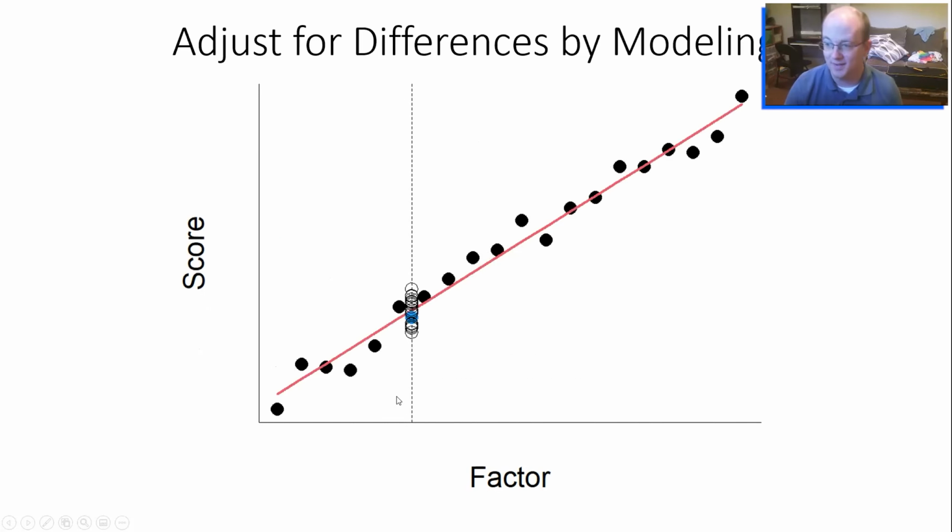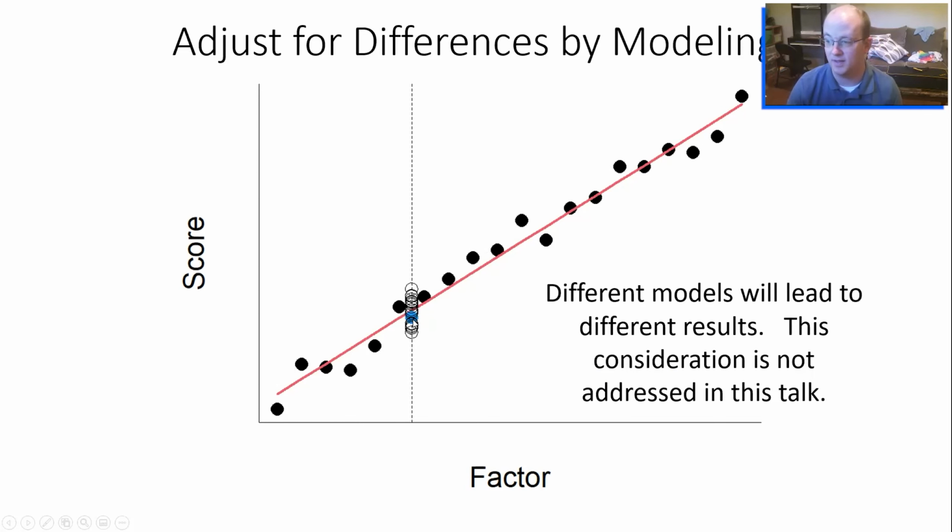Then if we look back onto the score setting, we're just mapping those residuals, again centering them around the corresponding position of the red line. That would give us a collection of data that we could use to apply the LR range analysis. I just wanted to mention, since this will involve modeling, you could fit different models to this data set. Even in this simple example, you could fit something other than a perfectly straight line.